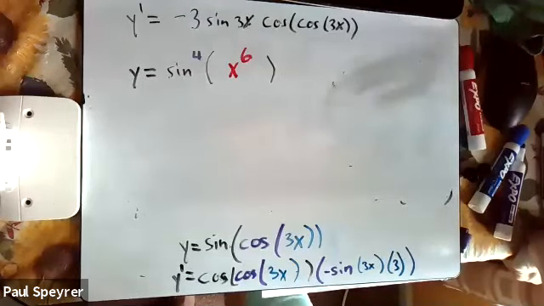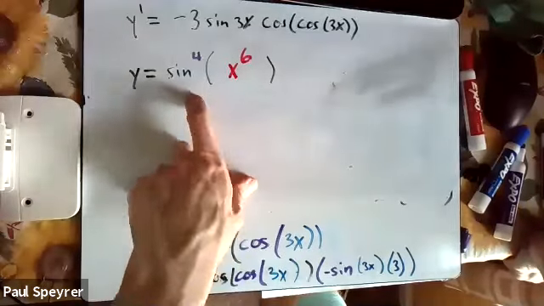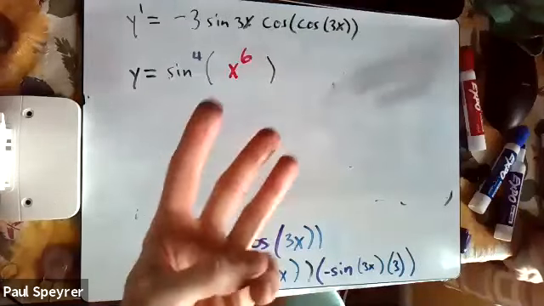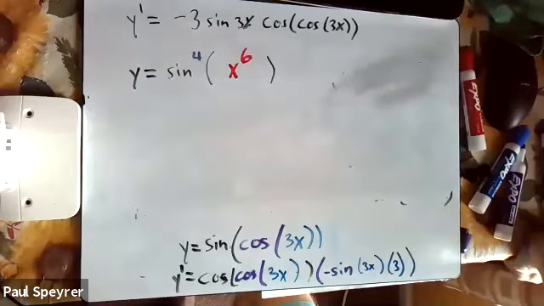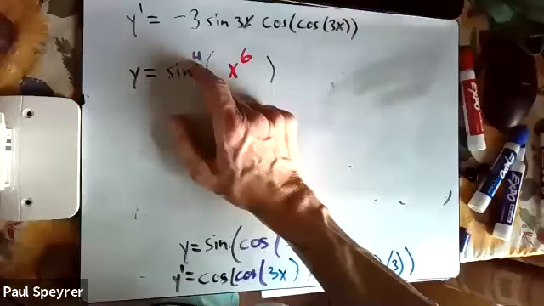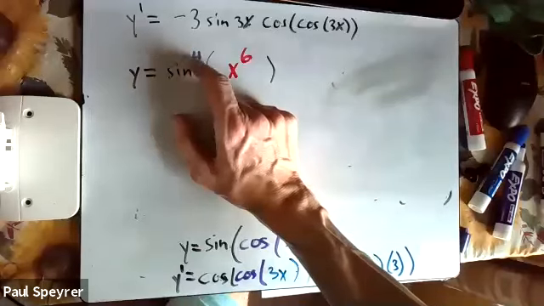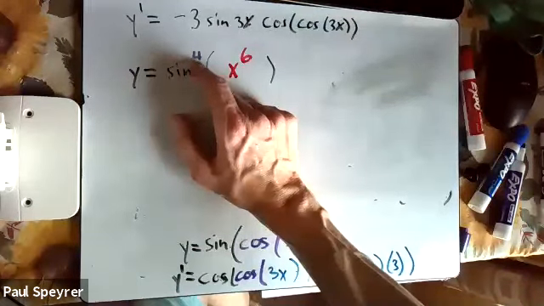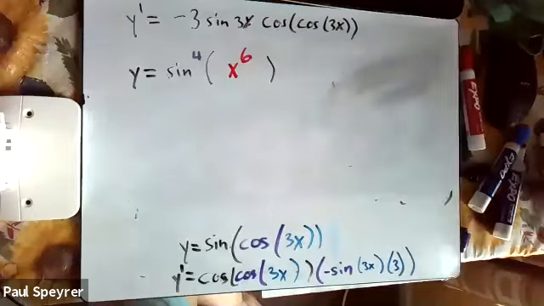Now, how do we do this one right here? So we have a sine raised to the power of something. Obviously, we're going to have to chain rule 3 times, right? We have 3 different colors. But what do we chain first? Remember, it's always the outermost part. If you have trig functions raised to some power other than 1, then you have to do that exponent first because that's the outermost part. So we need to derive the purple component first.